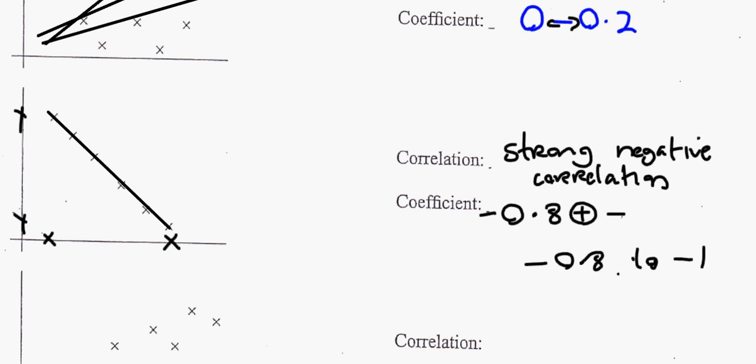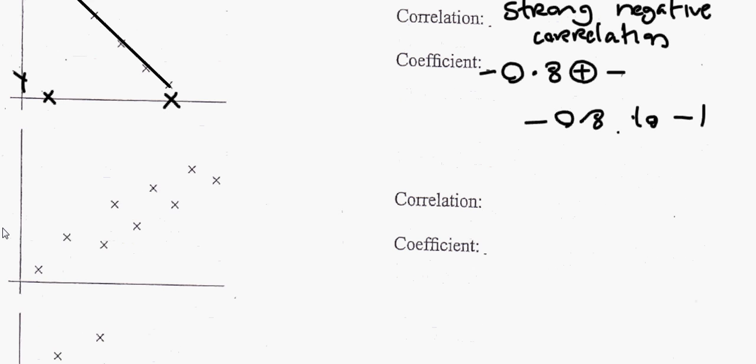Okay, now this one here is a positive correlation, and it's like a moderately strong correlation. Okay, so this is a strong negative correlation. To be honest, it's near enough perfect. Okay, so we will just say moderately strong.